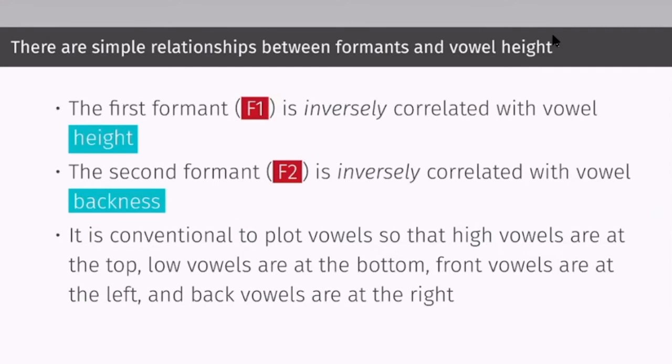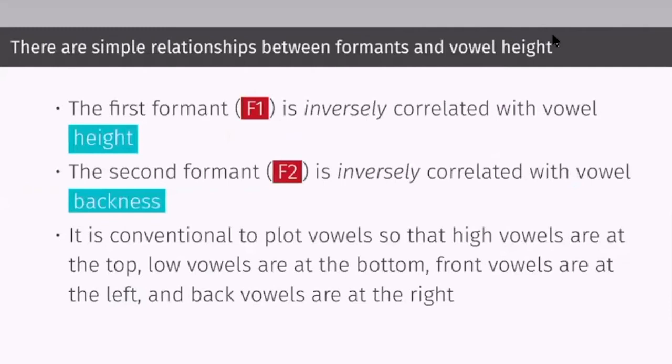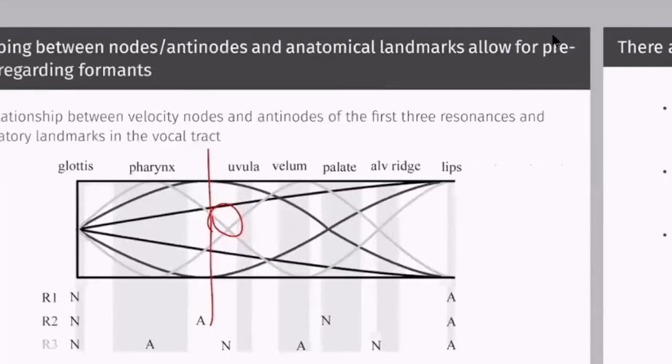Could you please repeat the change in the resonance that occurs due to constrictions at nodes or antinodes? Yeah. So do I have a slide on this? Why don't I have a slide on that? Yeah, so here, I'll write it down here.